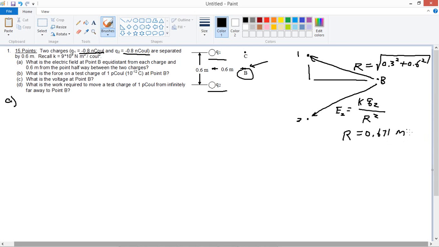Okay, and so now we can get the magnitudes. Well, actually, Q1 and Q2 are the same values, so your magnitudes will be the same. Crunch the numbers.